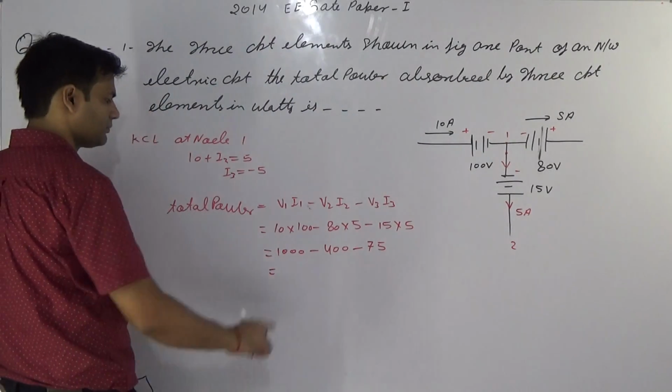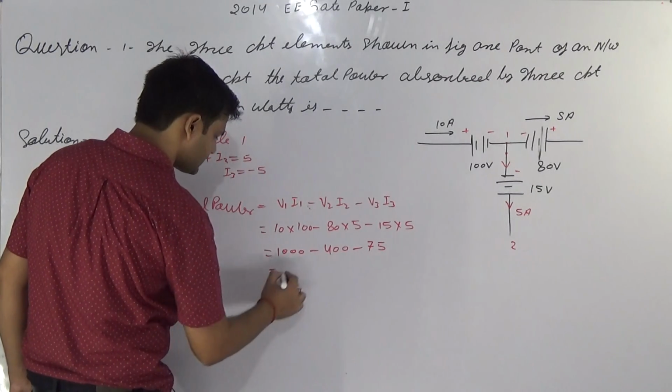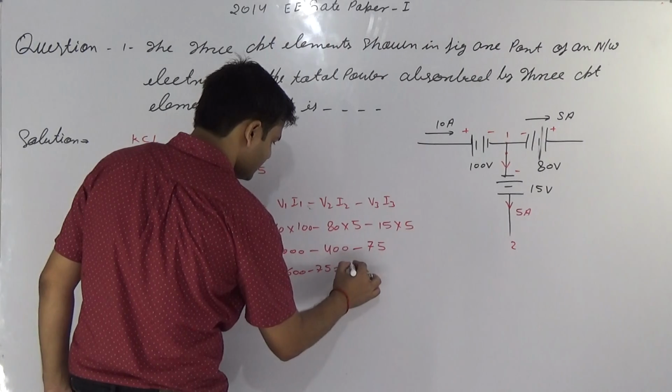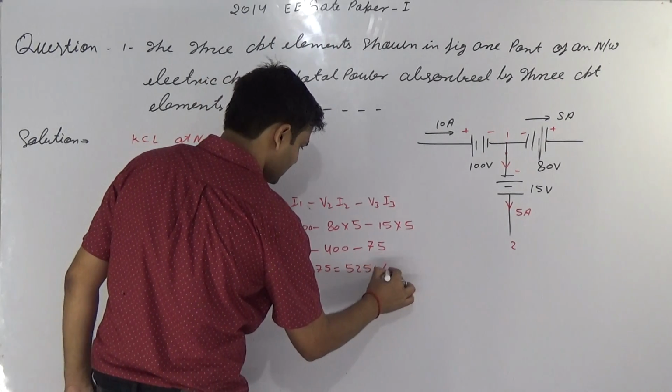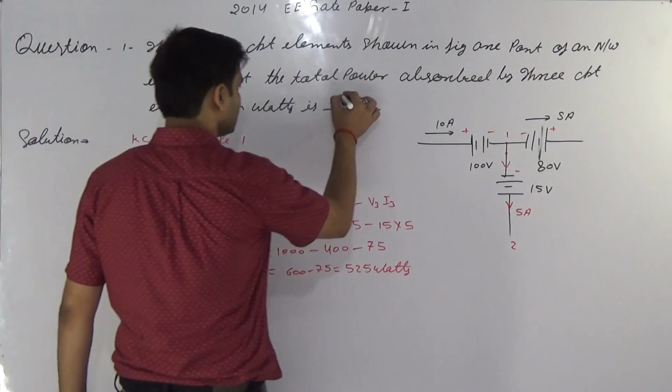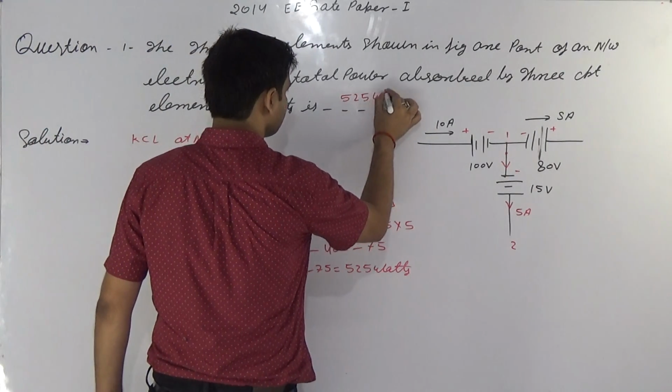This looks like 600 minus 75. This is 525 watt. This is 525 watt.